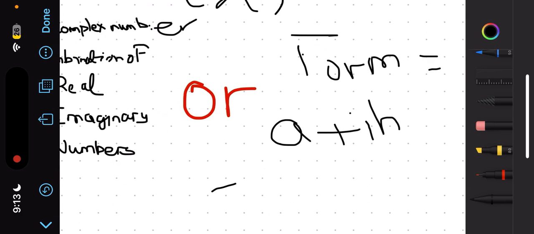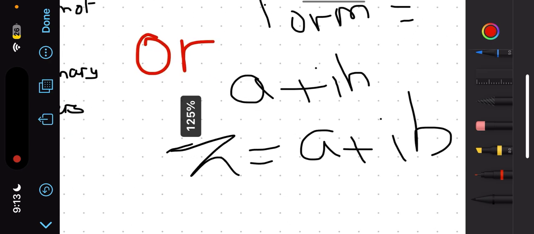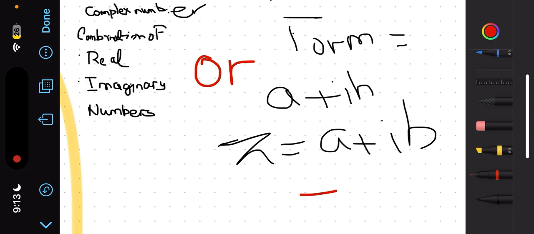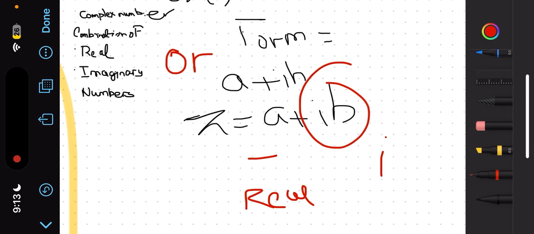Then you can write z equals a plus iota b. Here a will be a real number and ib will be an imaginary number.